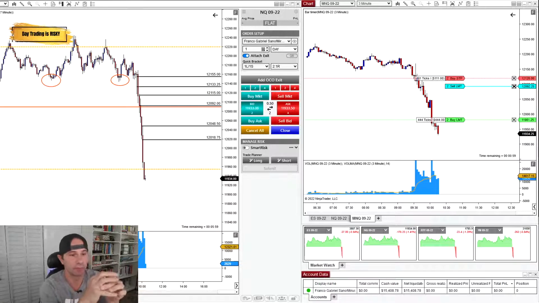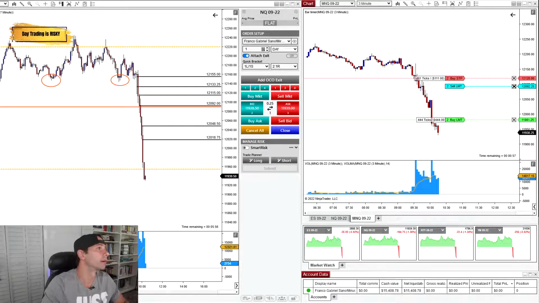What time is it? 10:15. So it looks like we either can... when I look on the 4 hours, I would say that we're tapping the lows from the recent trend on mid-July.